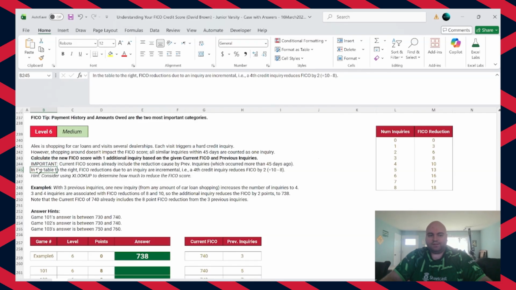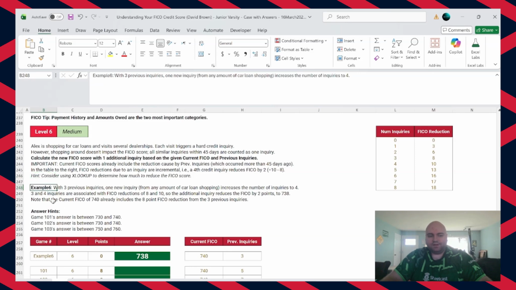In the table to the right, FICO reductions due to an inquiry are incremental, i.e. the fourth inquiry reduces the FICO score by 2. So going from a FICO reduction of 8 to a FICO reduction of 10 means there's 2 additional reduction points there. It gives us a hint, consider using XLOOKUP to determine how to reduce the FICO scores, and I think that is a good approach.